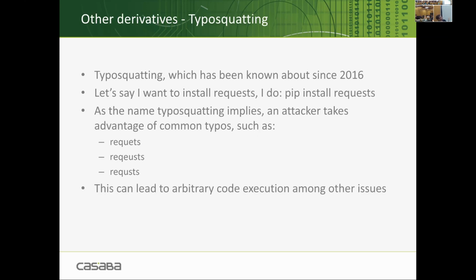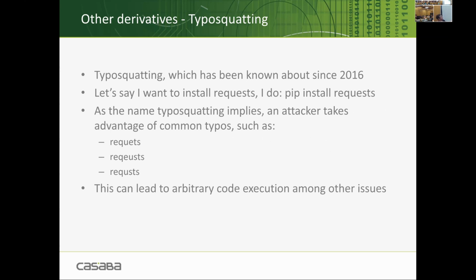So there's also typo squatting. I kind of already alluded to it. Typo squatting is pretty much where you prey on someone's predisposition to have typos. For instance, pip install requests.